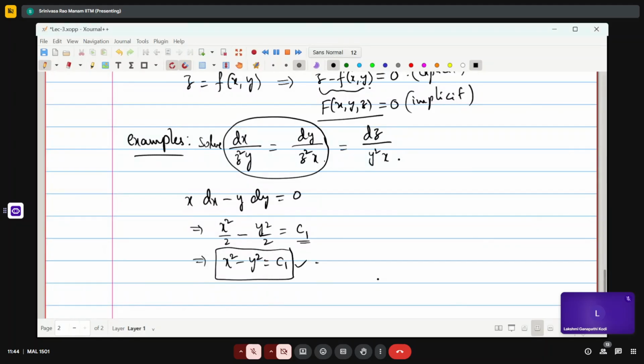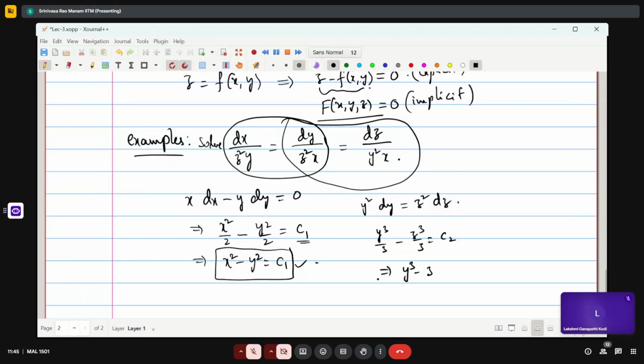Now I can get rid of x in this grouping also. If you remove x, you'll get y square dy equal to z square dz. There's no x in this grouping. If you integrate, y cube by 3 minus z cube by 3 equal to c2, so you are getting y cube minus z cube equal to c2.